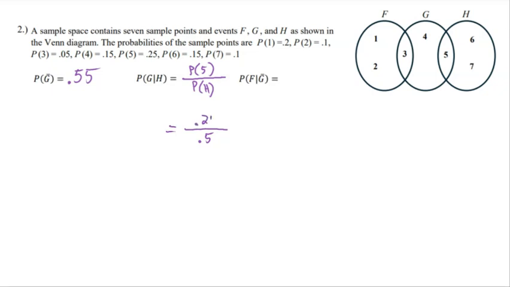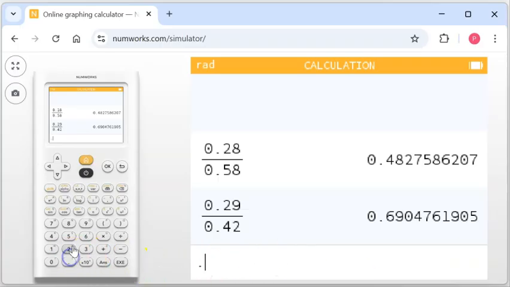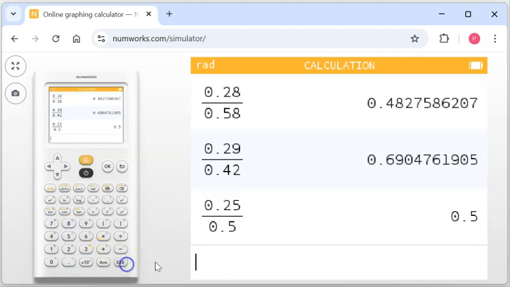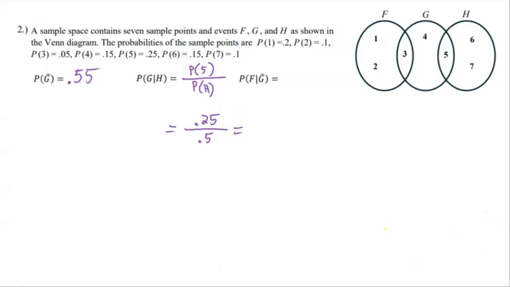So it's 0.25 divided by 0.5. We can do that in a calculator. 0.25 divided by 0.5 is 0.5. It's 1/2. Yeah, that makes sense, because this is like saying 0.50, and 25 over 50 is 1/2. So the answer to this is 0.5.